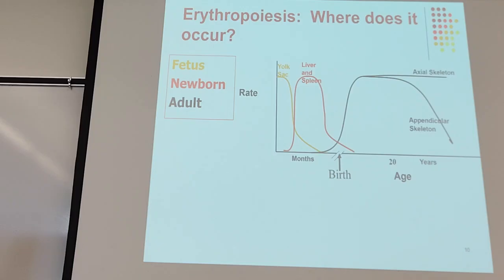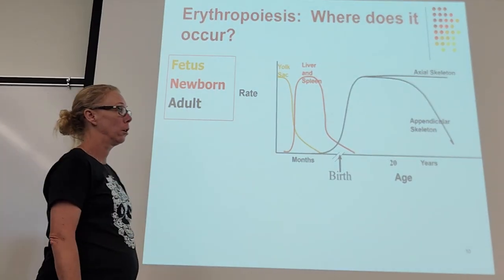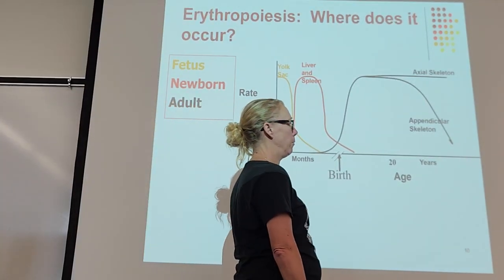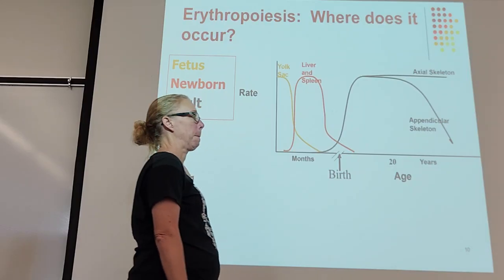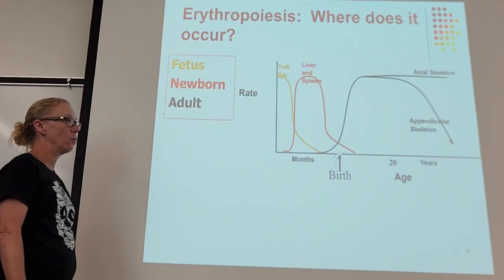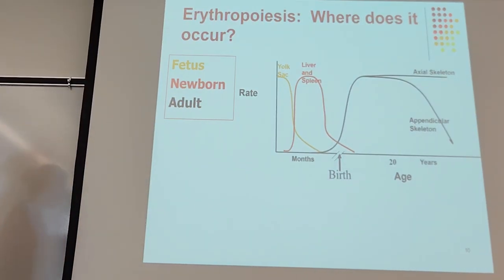We know we have the appendicular skeleton and we have the axial skeleton. But interestingly enough, as we start to age, at around maybe 40 years or more, the rate at which your appendicular skeleton makes red blood cells goes way down to almost nil. And it's only your axial skeleton that continues to make red blood cells for you for the remainder of your life.